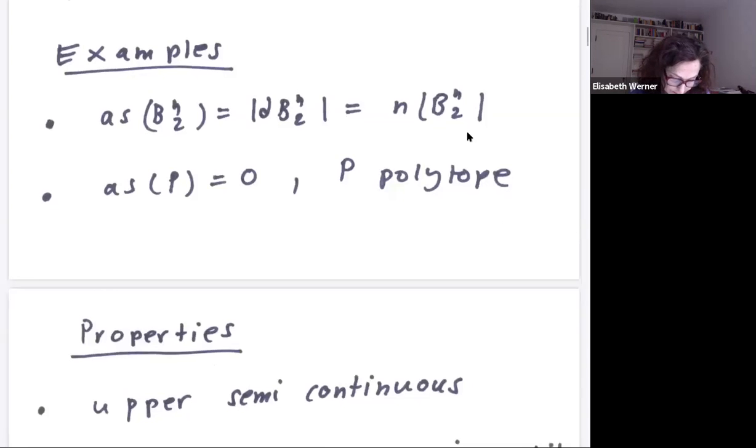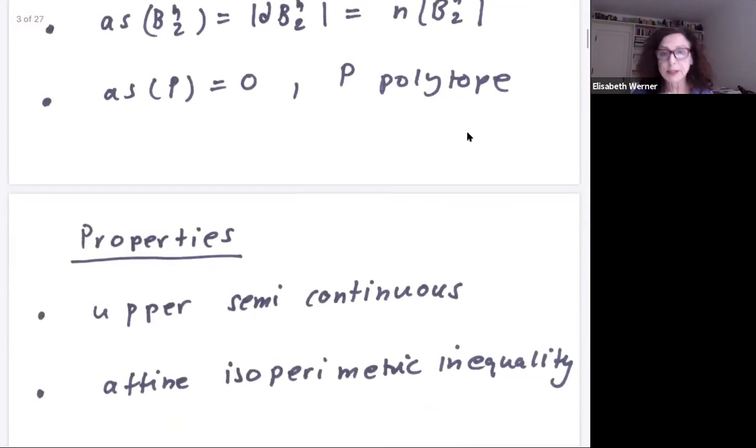Now, another very nice and actually important property in the context of this affine surface area is that we have an affine isoperimetric inequality, which says: look at all convex bodies with fixed volume, then the affine surface area is maximized for ellipsoids.